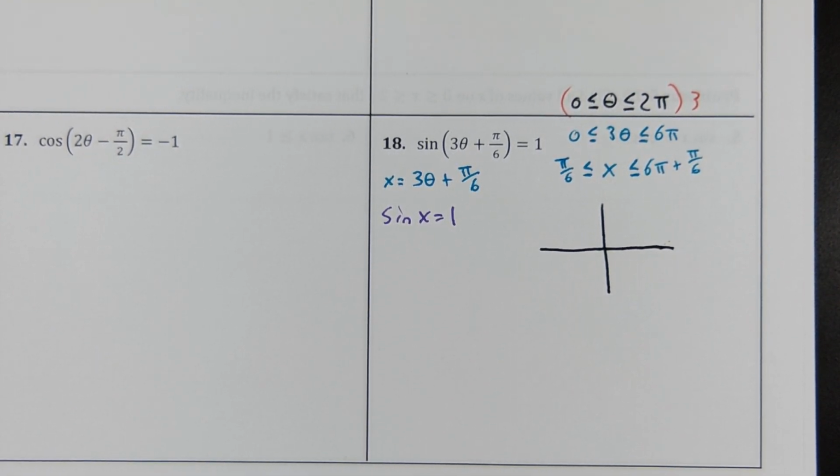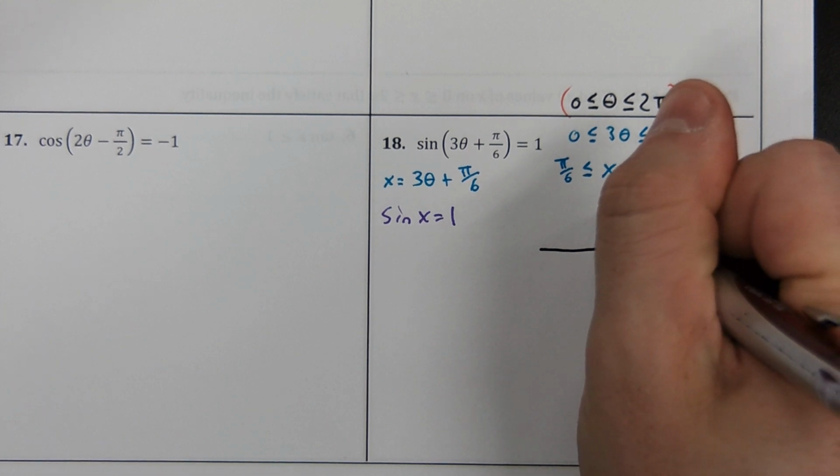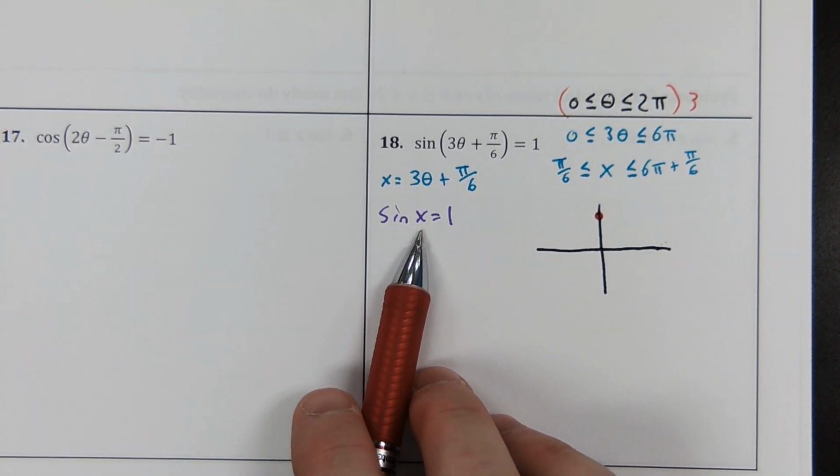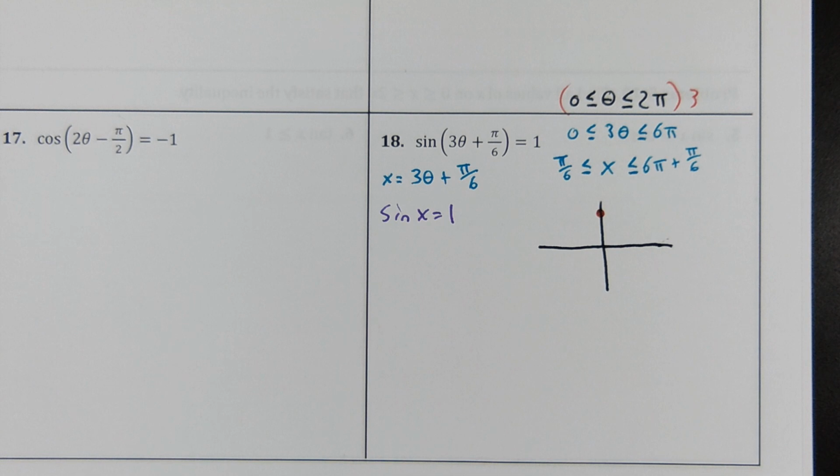The y-axis, specifically the positive y-axis. This will be the only place where y equals 1 and r equals 1, where sine of x equals 1. And this is variable x, not coordinate x, okay? Which is what, pi over 2?